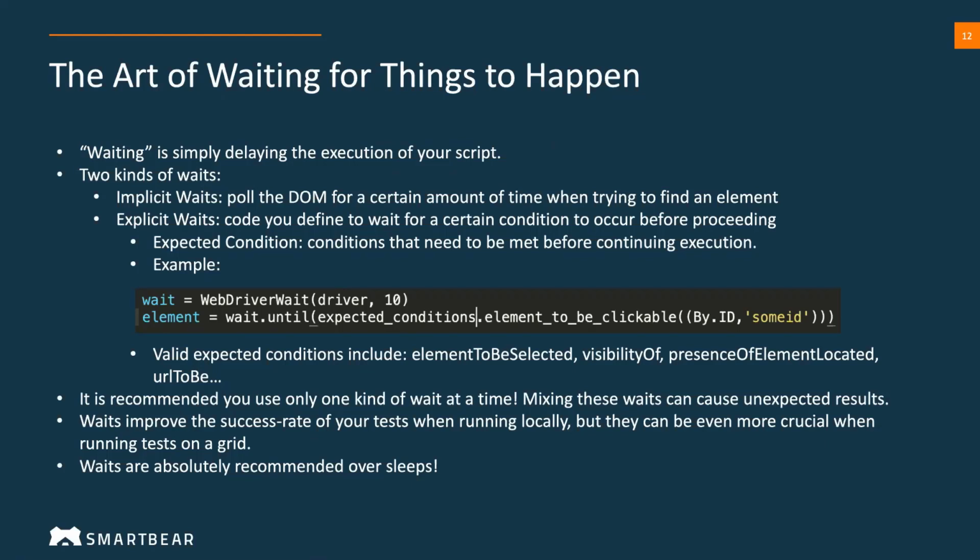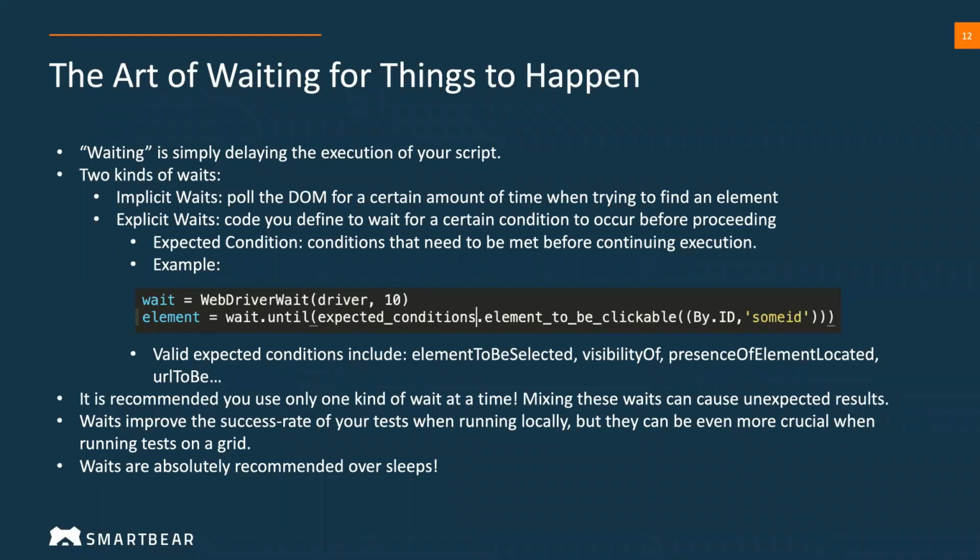Their scope is a little more global than the second one we'll talk about. But it tells the WebDriver on the other end to wait up to a certain amount of time before giving up on finding an element. So if I say, find this submit button, and I have an implicit wait that I've defined as being 20 seconds long, WebDriver will look for that submit button for up to 20 seconds. And if it doesn't find it, it'll throw me a timeout exception saying, I couldn't find that element.